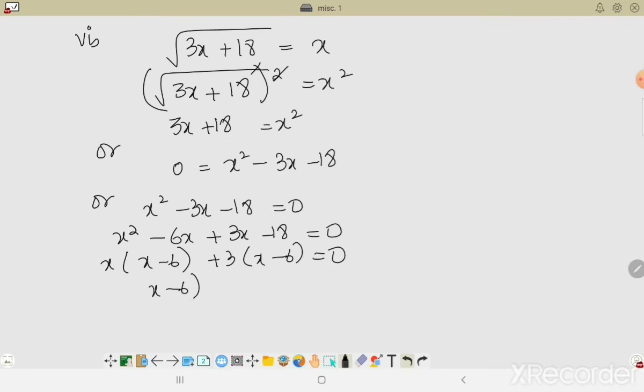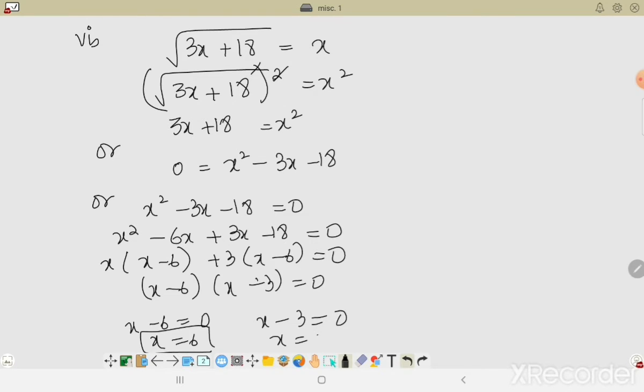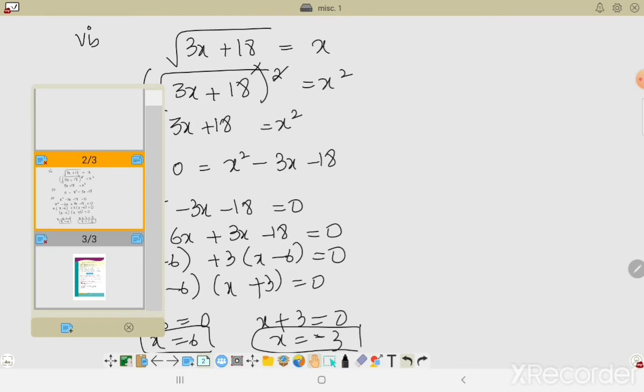So x minus 6 and x plus 3, and then you will get x minus 6 equals 0 or x plus 3 equals 0. So x equals 6 and x equals minus 3. So this is the answer. I hope you understand the sum. Let's move to the other page.